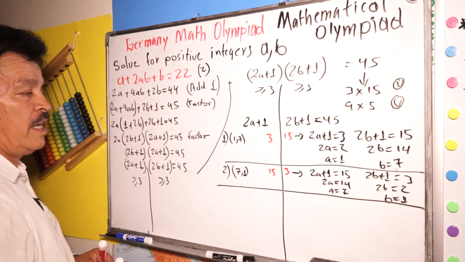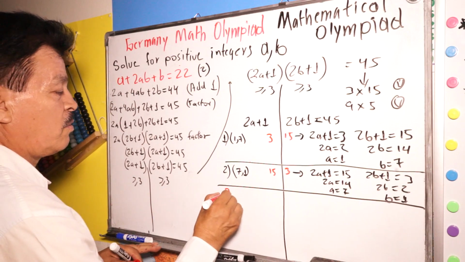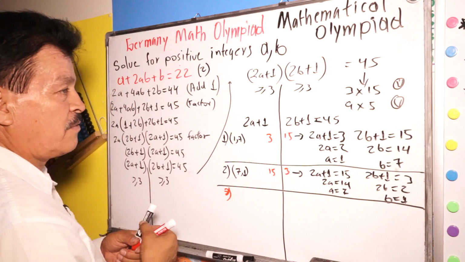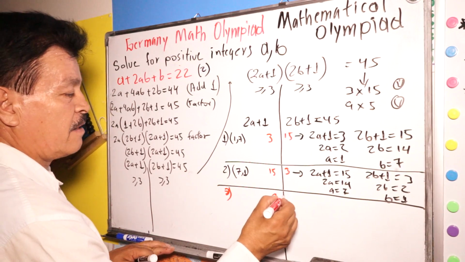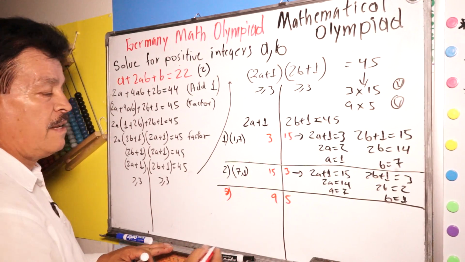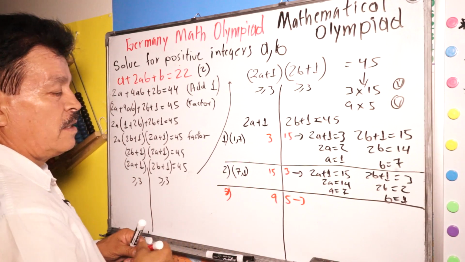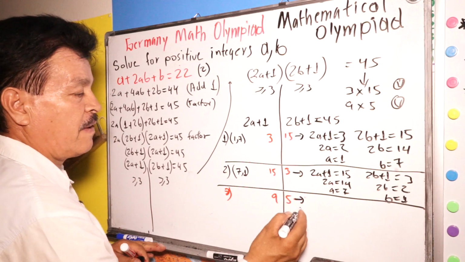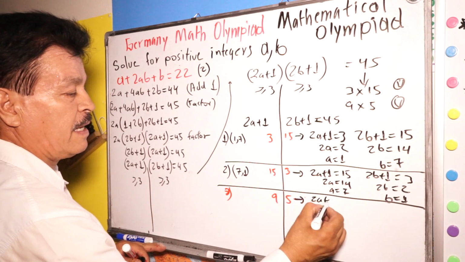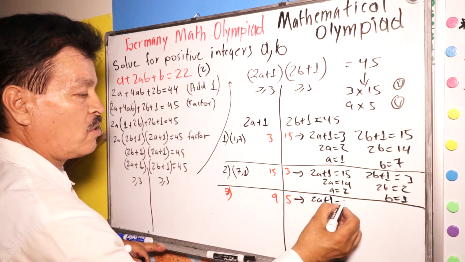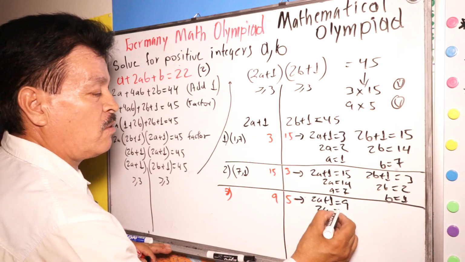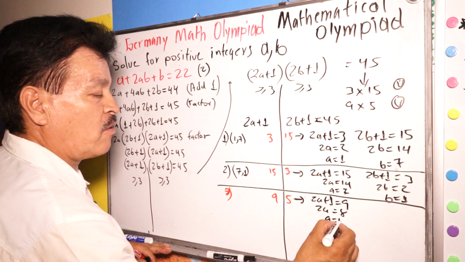Right. So next step, number 3. Here we are going to have 9 and 5. And then we have 2a plus 1 equals 9, and then 2a equals 8, and then a equals 4.